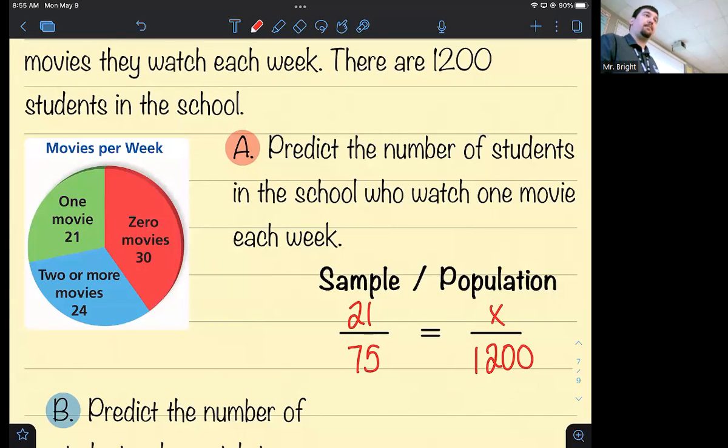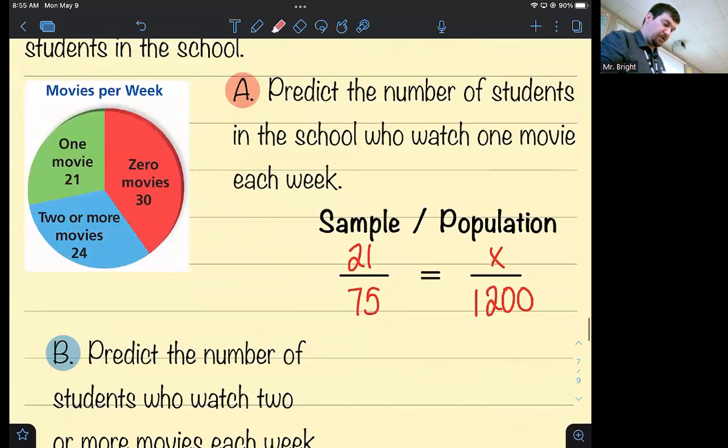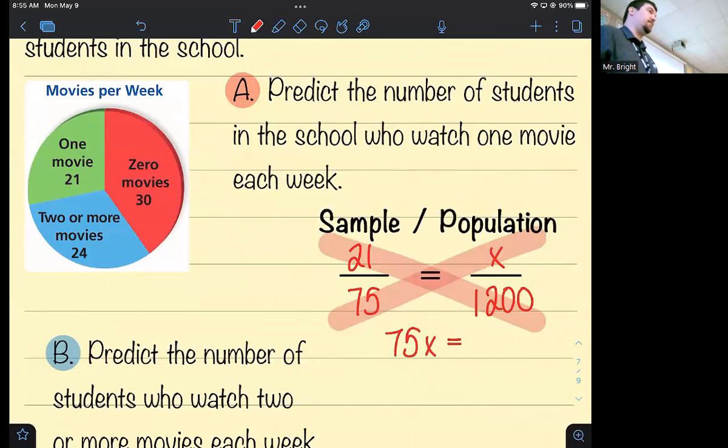See how that's set up? Just like we were doing it last week. 21 out of 75 students would equate to how many out of 1,200? And so we cross multiply, have your calculators ready. I'll do 75 times X. Caden, I want you to do 21 times 1,200.